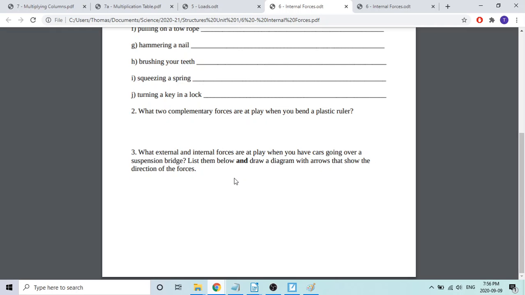And there's a couple external forces I could think of, plus a few more that you could add in. List them here. Draw a little diagram that has arrows showing where the forces are and what direction the forces are going in. Once you do that, you're done. You're good to go, and you can prepare for the last little bit of this science unit.